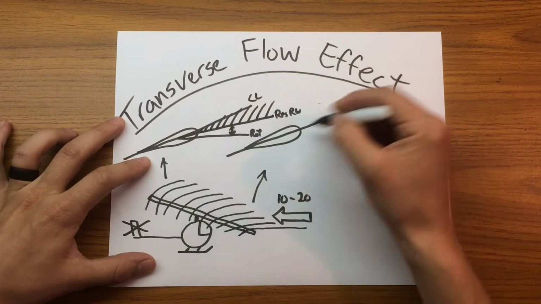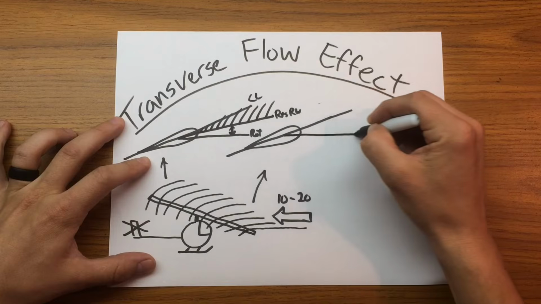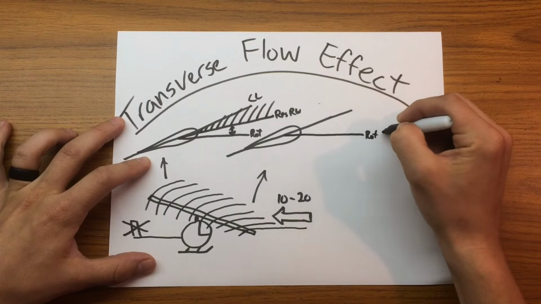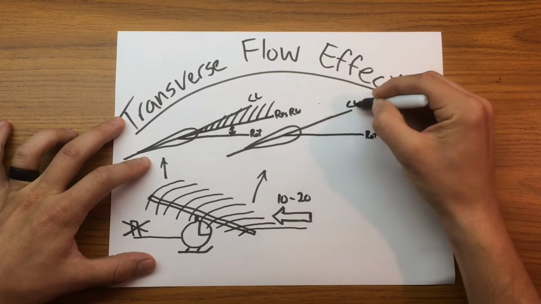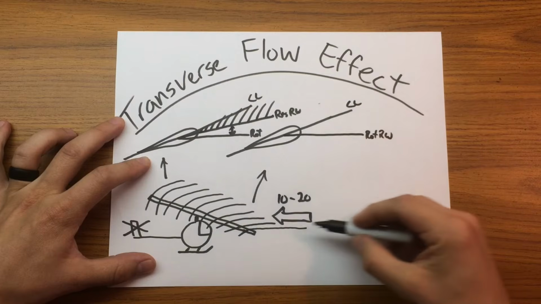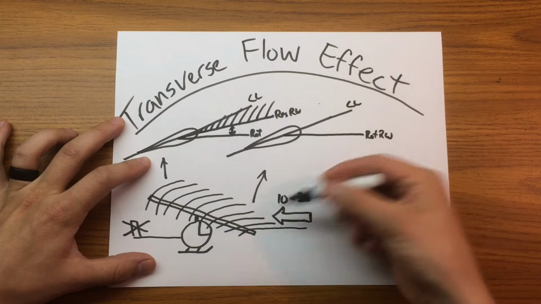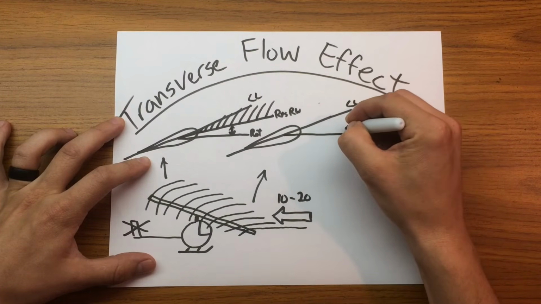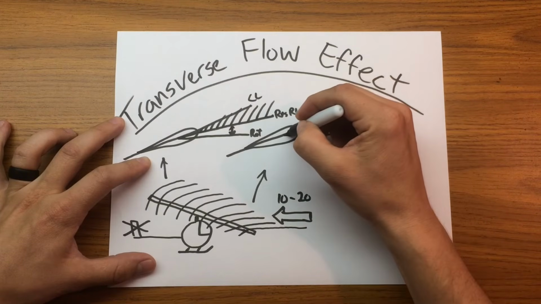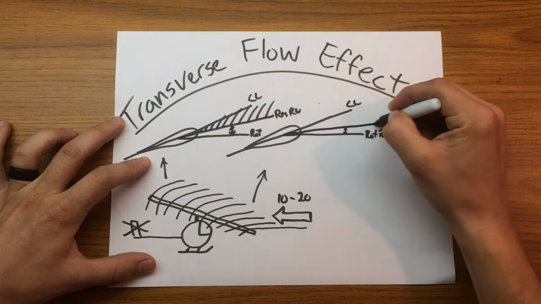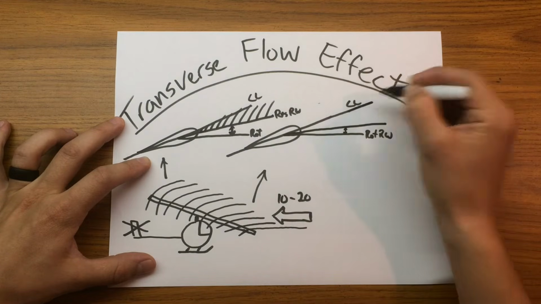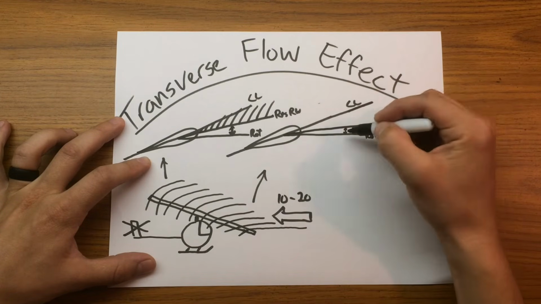Now let's look at the front half. We've got the chord line, the rotational relative wind. But in this case, it's more horizontal, less induced flow, less vertical flow of air through the rotor system. So now it's not going to be as drastic of a change. So let's look at this angle right here. It's adjusting for the induced flow.